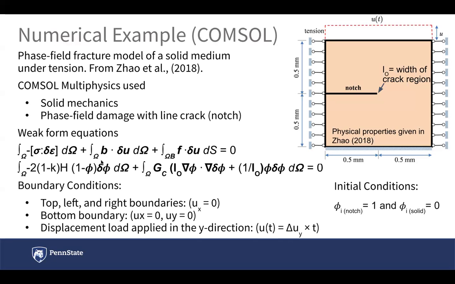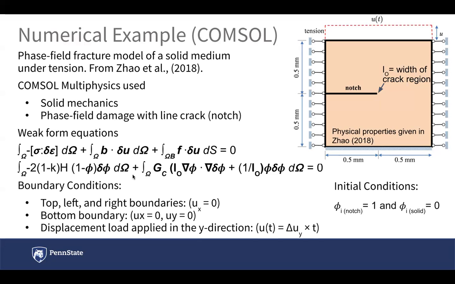The weak form of two equations here is what COMSOL uses in its discretized solver. Here we have the first equation, with the Cauchy stress tensor, and then B delta U and F delta U are the external work done as body forces on the mesh and along the boundary.